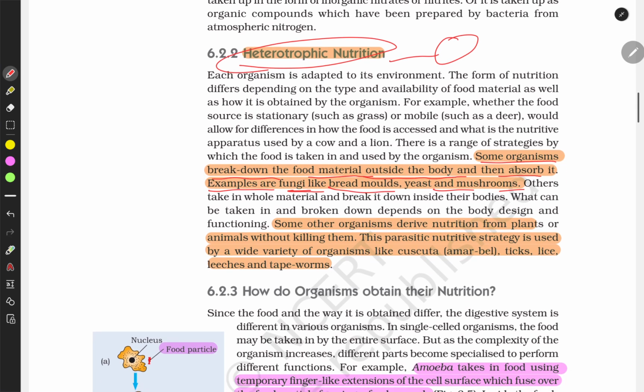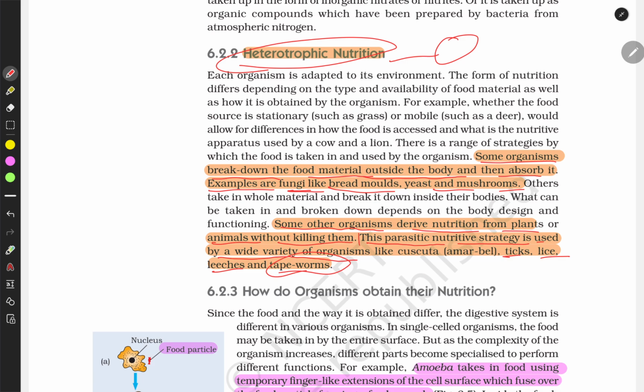And some other organisms derive nutrition from plants and animals without killing them. This parasitic nutritive strategy is used by a wide variety of organisms like cuscuta, ticks, lice, leeches, and tapeworms.